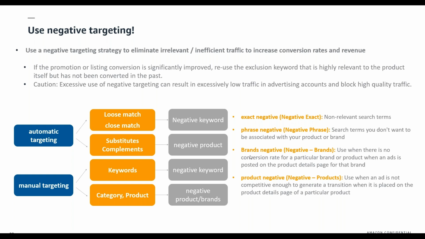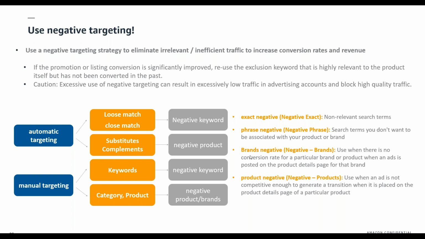So one example is I consulted with a nail wrap seller. So it's like a stick-on nail sticker, right? She's been getting a lot of traffic from one specific brand, right? For example, Ohara, which is this specific brand or this specific product that is very popular in the market. But essentially, she never gets orders from that product, but she's been getting a lot of clicks, a lot of traffic.